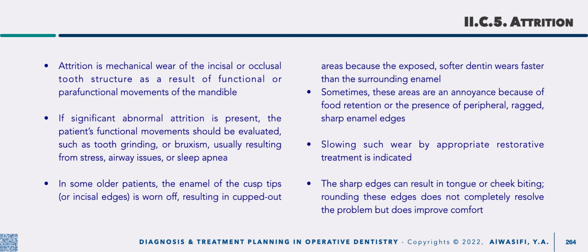It needs just smoothing in most cases, but in certain cases you need to correct the vertical dimension, because it affects the vertical dimension of the patient, resulting in angular cheilitis at the corners of the mouth related to the loss of vertical dimension. That's why sometimes the treatment is very simple, just smoothing the rough margins of the cup-shaped lesion, and may be complicated because you need occlusal correction.